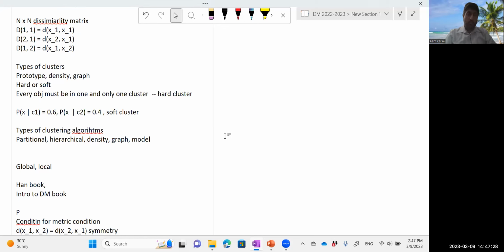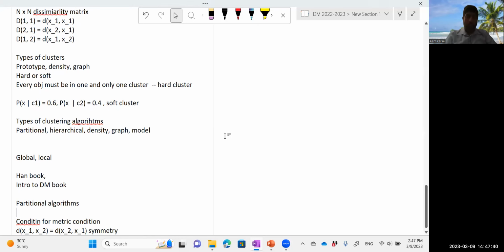Okay, now let's go back to our partitional algorithms. So first of all, let me write the settings. We have n objects or observations which we want to cluster.